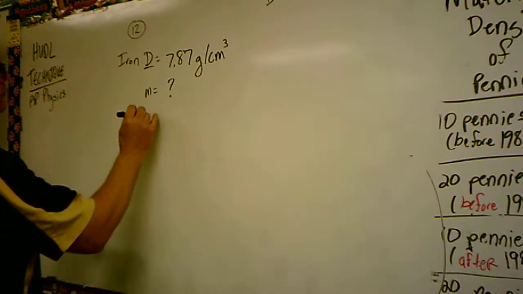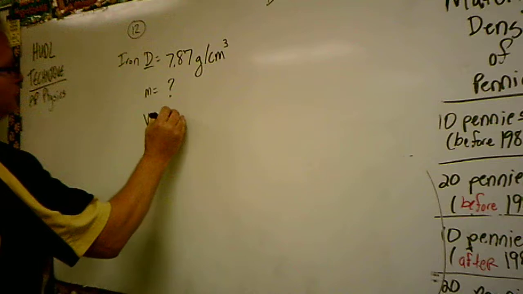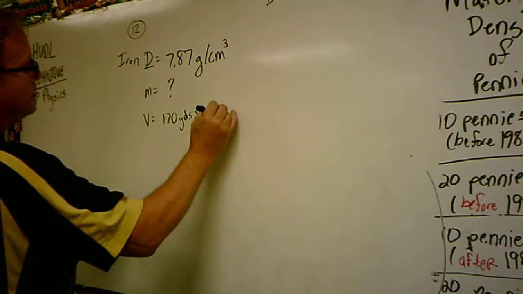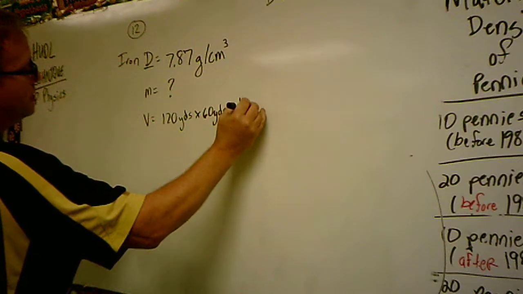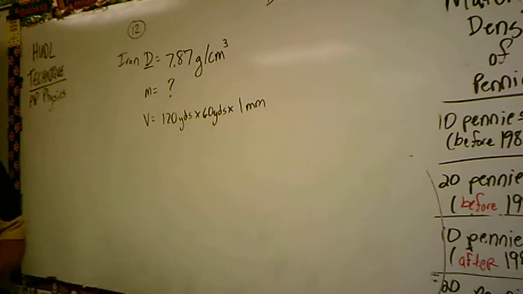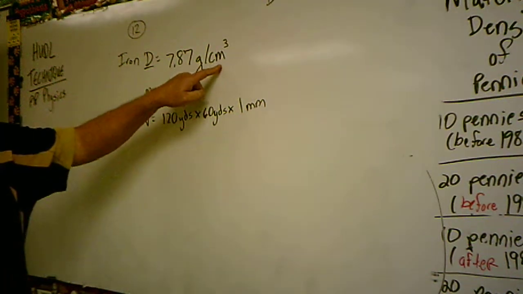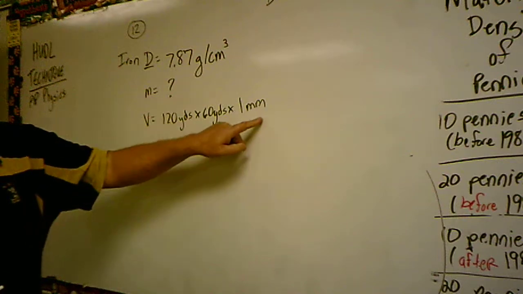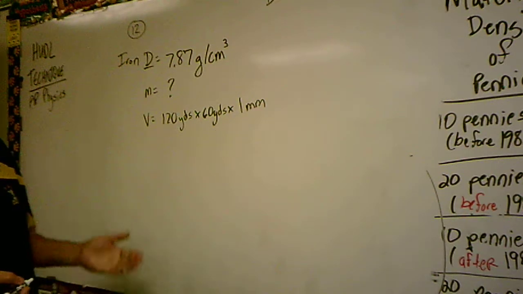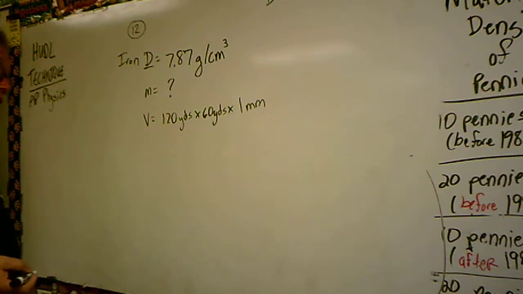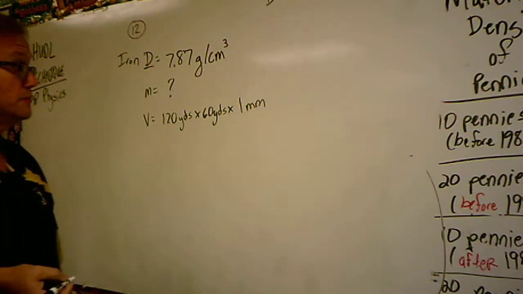And the dimensions, or the volume, is 120 yards by 60 yards by 1 millimeter. Since I know I have to end up with cubic centimeters, and these are not in centimeters, I'm going to have to take care of each of these things and convert to centimeters for each one.